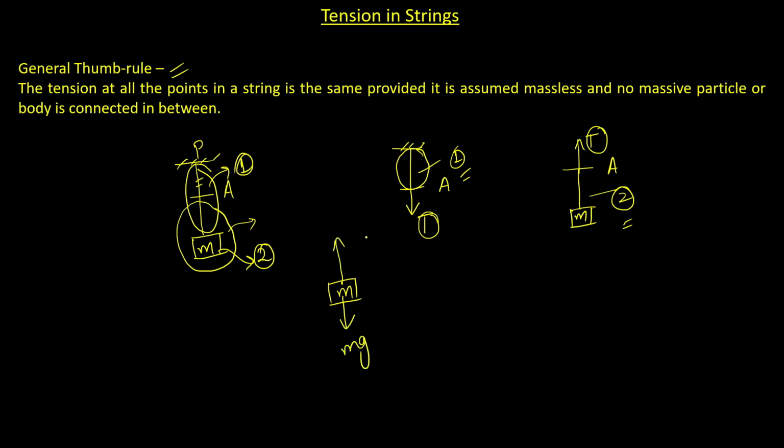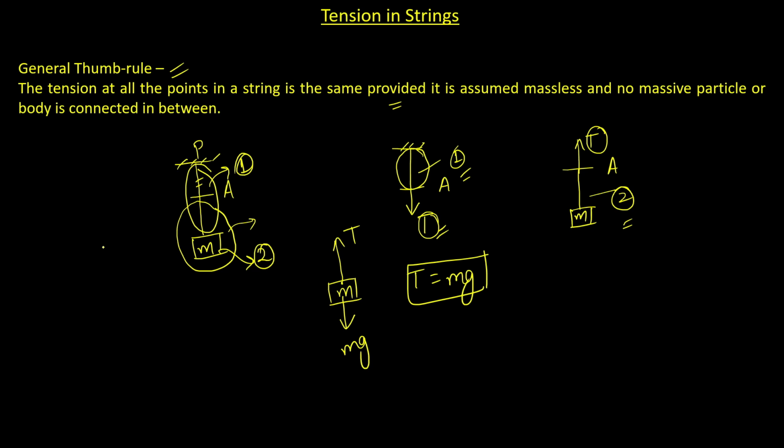Now this t dash will be equal to t because here also we have considered that the string is massless, so the tension is going to be the same, because no massive particle or body is connected in between. The particle is only at the bottom of the string. So this is small t and this is mg. As the acceleration of this whole system is 0, I can write t is equal to mg, because this body is at rest.